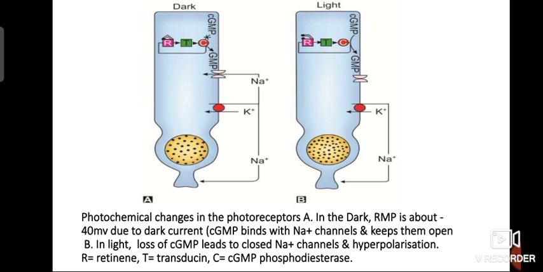In the inner segment, the sodium potassium ATPase pumps continuously pump out sodium, and this sodium from the outside environment goes again into the outer segment through the cGMP sodium channel, and this cycle flows continuously. So this cycle continues in the dark, and it is known as dark current.